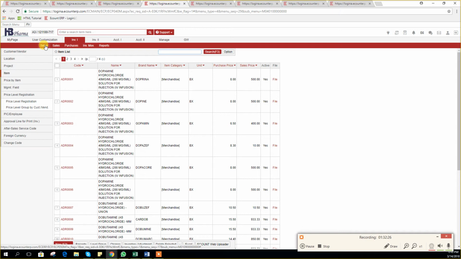For inventory purposes only. For inventory purposes only. All right. So how do you include that in the invoice? We also need to reflect that on the invoice and the delivery receipt.